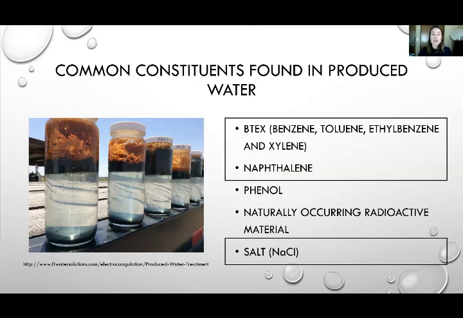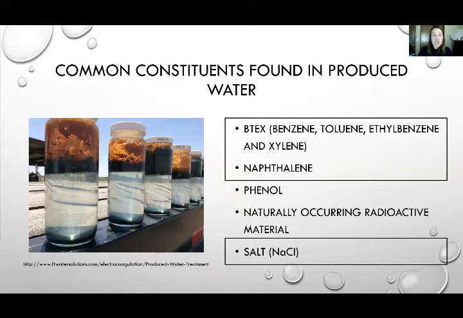And they have a really rapid degradation rate. So that's one benefit of these contaminants in the environment, is that they're not very persistent. They can rapidly degrade. And naphthalene has a longer degradation rate, so it takes longer to break down.